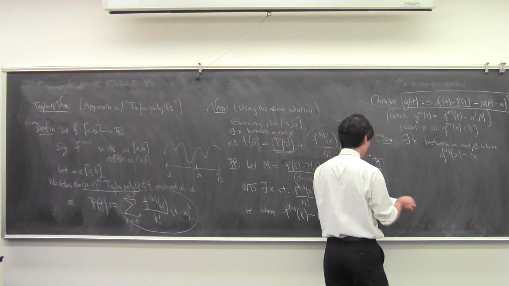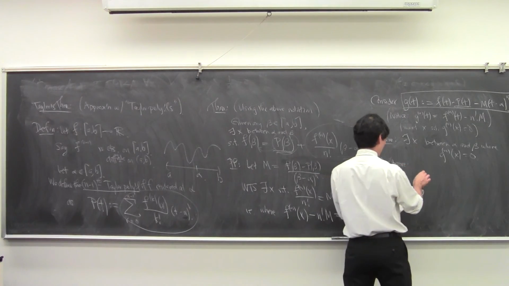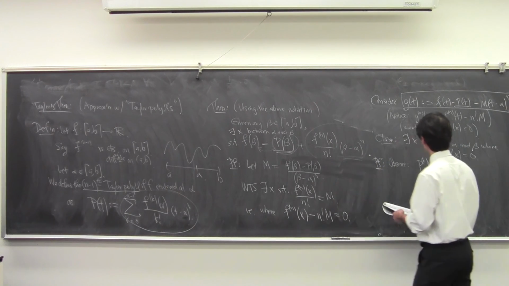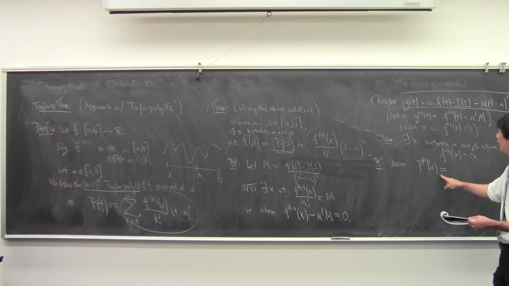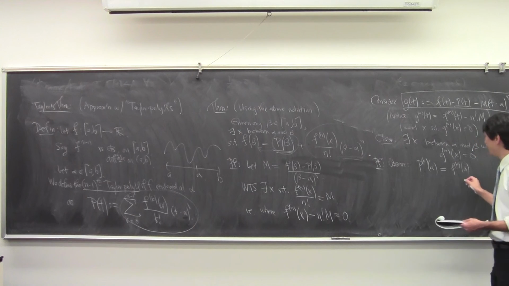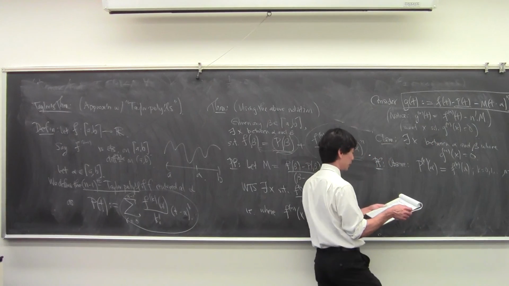Okay. So, look, observe that the kth derivative of P evaluated at alpha equals the kth derivative of f evaluated at alpha for k equals 0, 1, up to n minus 1. So just check that in case it's not clear.